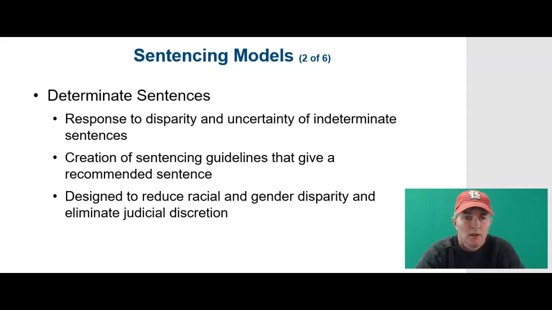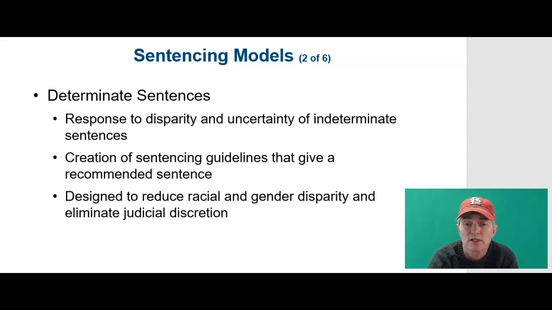Another thing to keep in mind is determinate sentences. This is a fixed term of incarceration. Many people consider determinate sentences, in many respects, too restrictive for the rehabilitation purposes that we hope our criminal justice system is striving for.